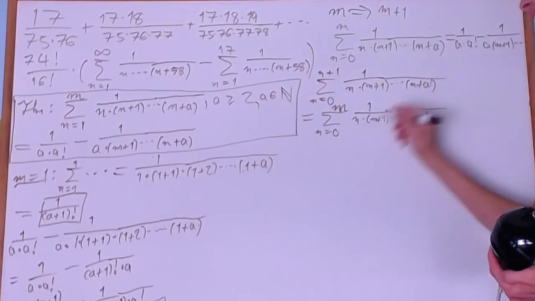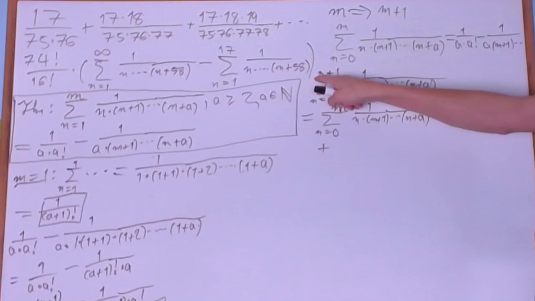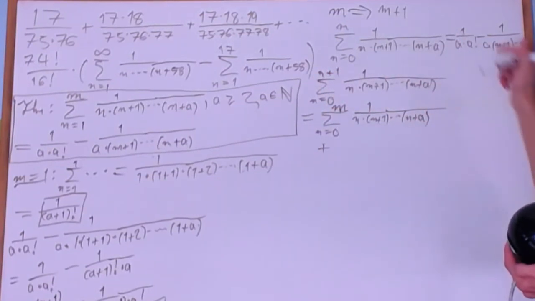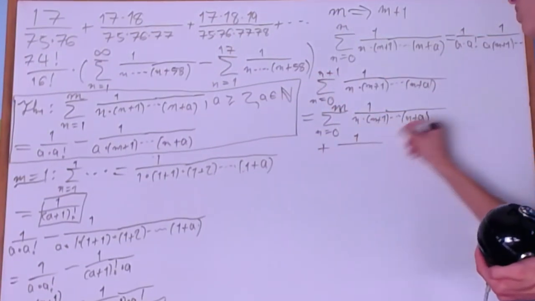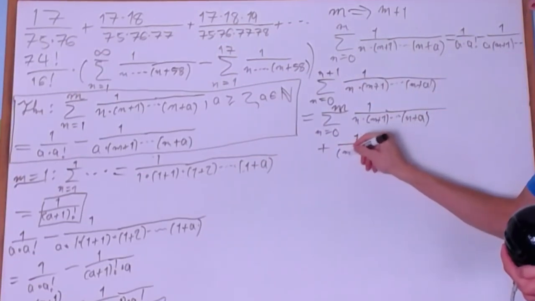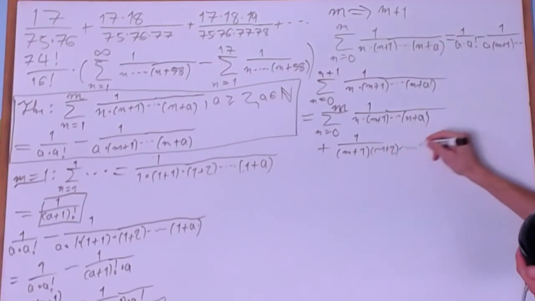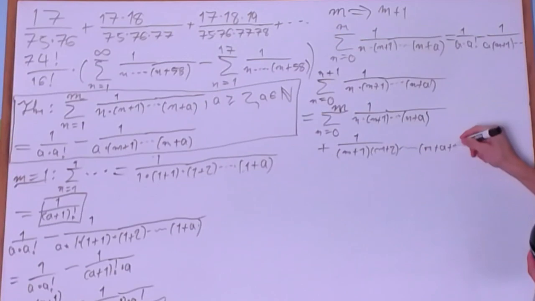And then I add on the term that I removed from this sum, which is the value at m plus 1. What's its value at m plus 1? Well, it's 1 over, plug in n equals m plus 1, you get m plus 1 times m plus 2, all the way up until m plus a plus 1.